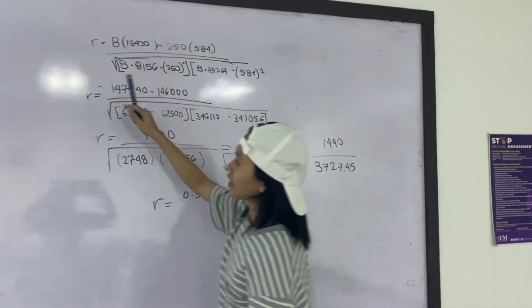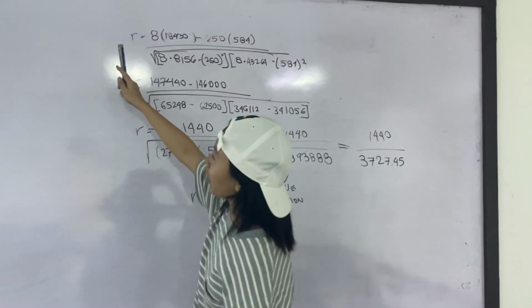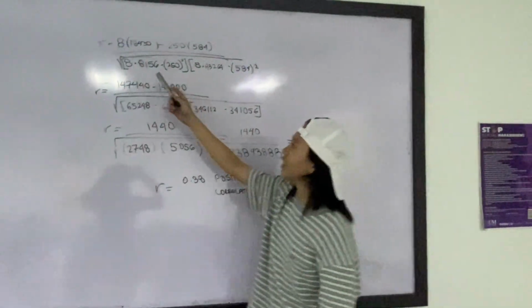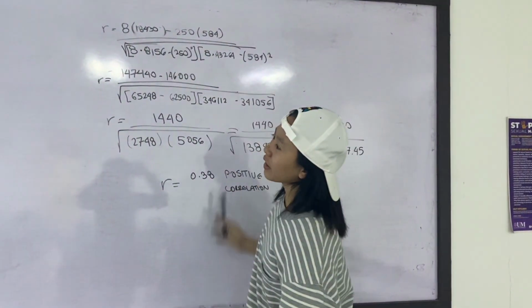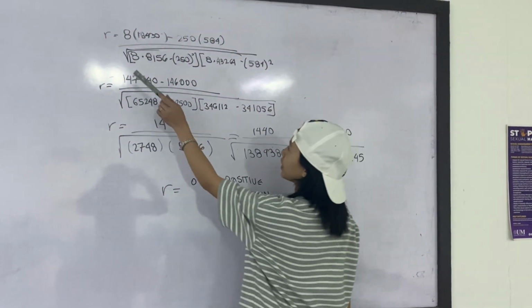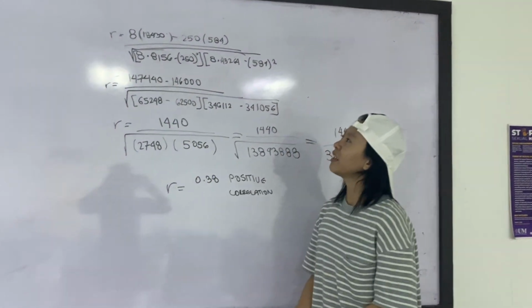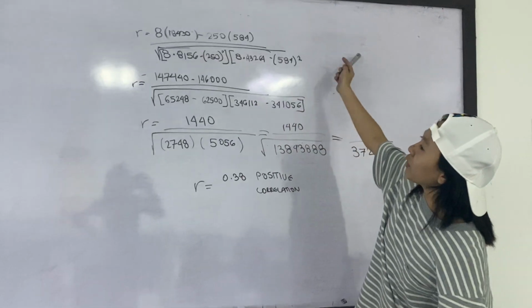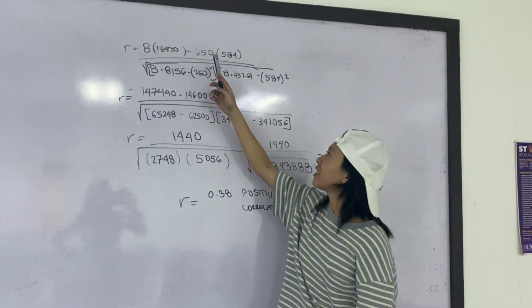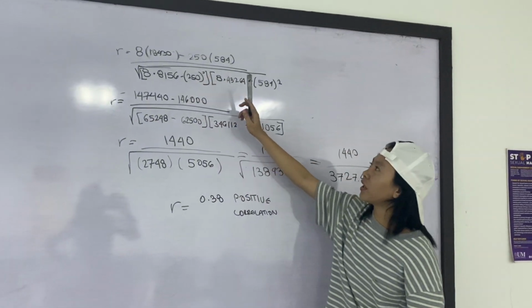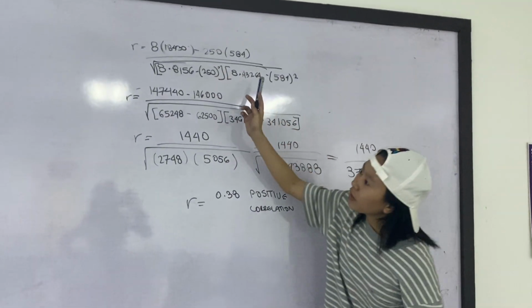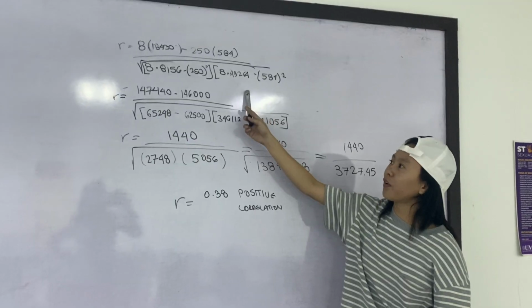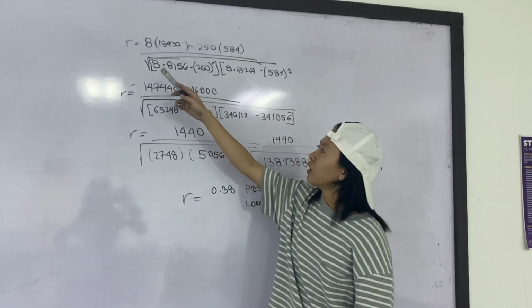Our N is 8 because we have 8 respondents already, and the sum of XY, that is 18430, minus the sum of X, that is 250, and the sum of Y, that is 584, over the square root.